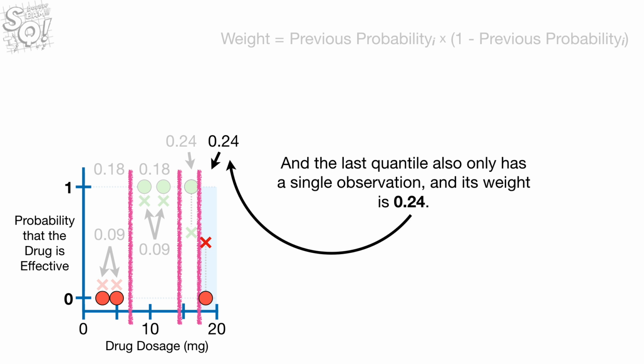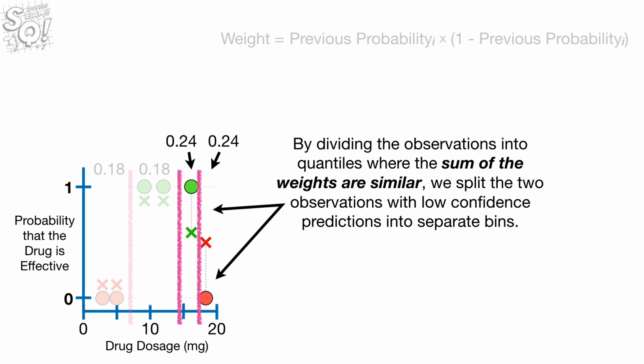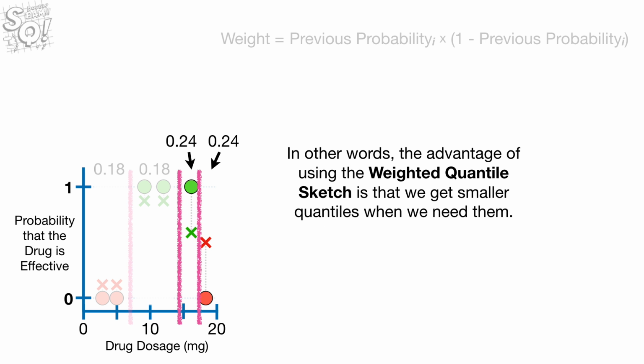And the last quantile only has a single observation, and its weight is 0.24. By dividing the observations into quantiles where the sum of the weights are similar, we split the two observations with low confidence predictions into separate bins. In other words, the advantage of using the weighted quantile sketch is that we get smaller quantiles when we need them.